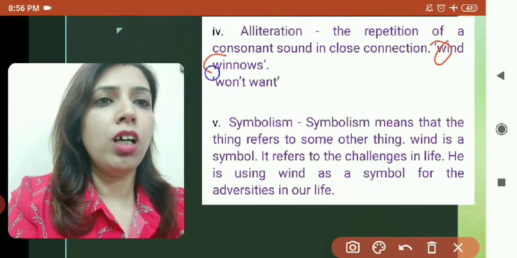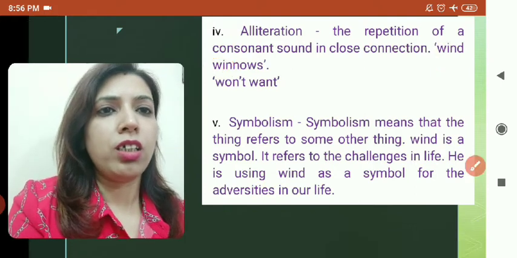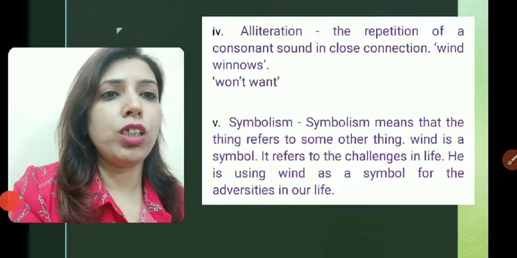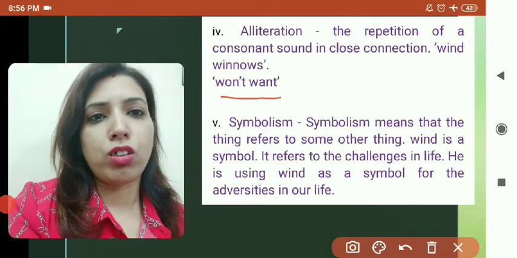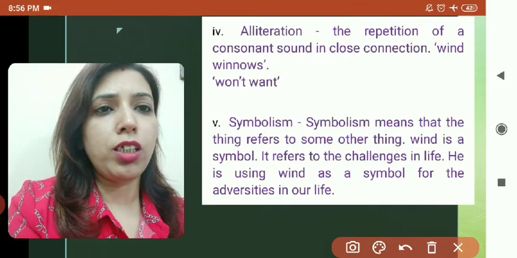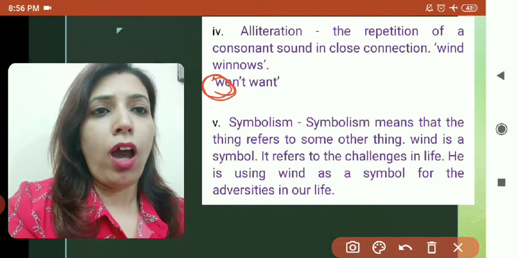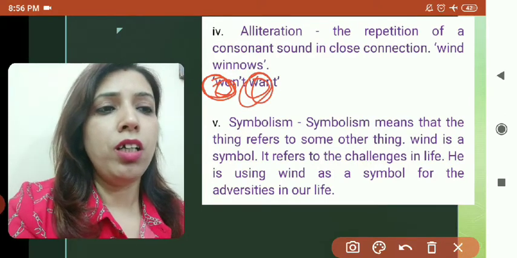The next words used are "won't" and "want". Here the consonant sound "w" is being repeated.